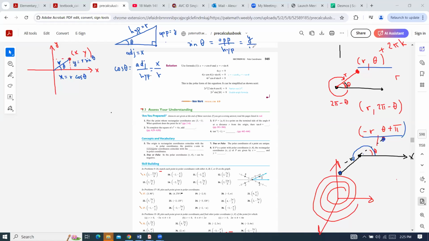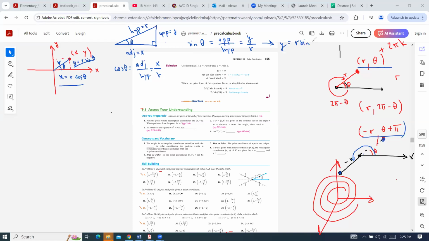So it's all here in front of us. You just need to not hurry, sit down and write it out, and you will see these two formulas right away. And that's going to be very popular formulas in the future if you ever continue with math. So r, I go to the other side and multiply both sides of the equation by r, so y is coming out as r times sine theta.